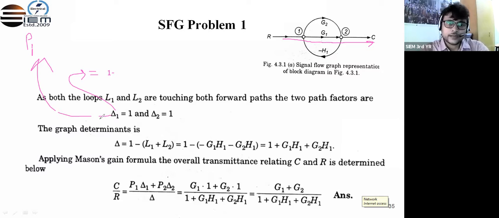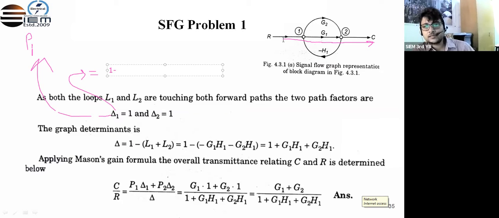Okay, now you see our formula. What is our formula? Our formula is 1 minus the sum of all individual loop gains that do not touch forward path 1.